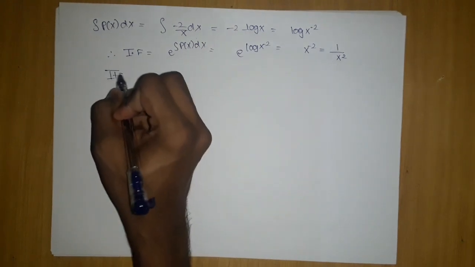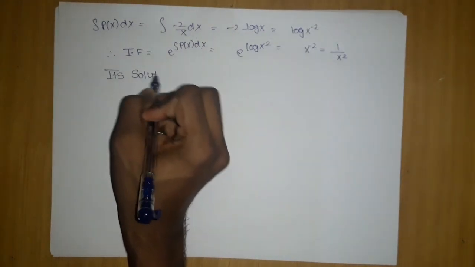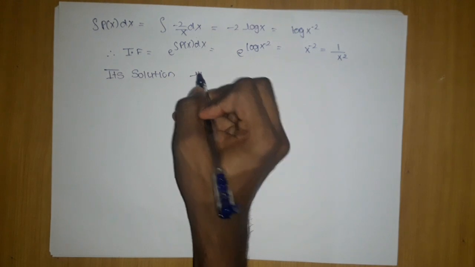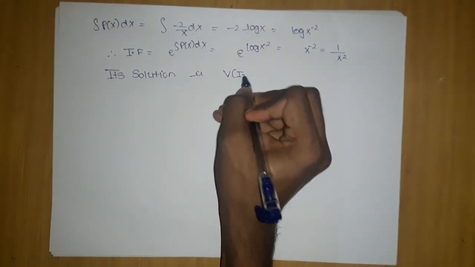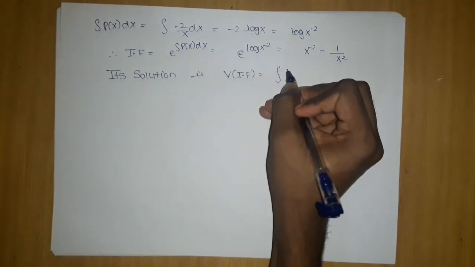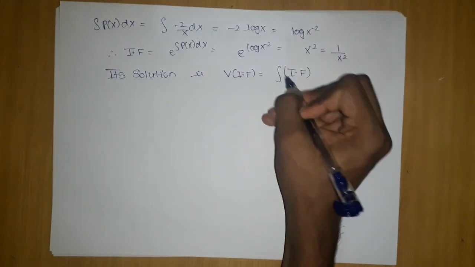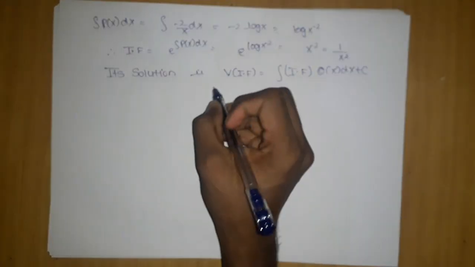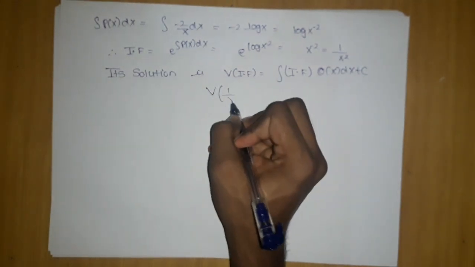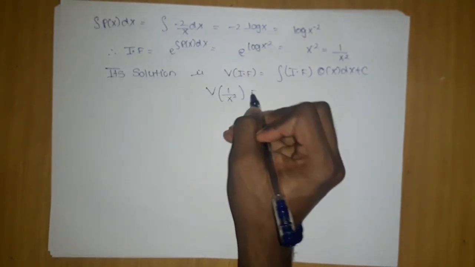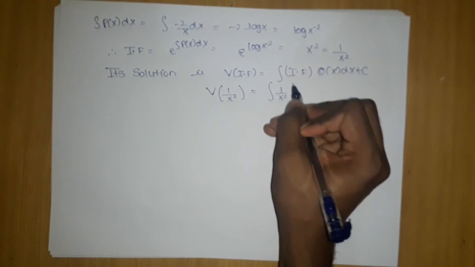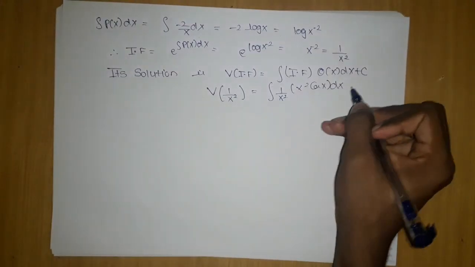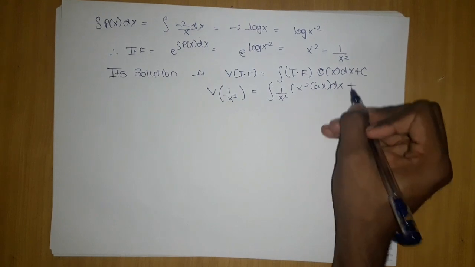So its solution is v into integrating factor equals integral of integrating factor into q of x dx plus c, which is v into 1 by x square equals integration of 1 by x square into x square cos x dx, which is our q of x, plus c.